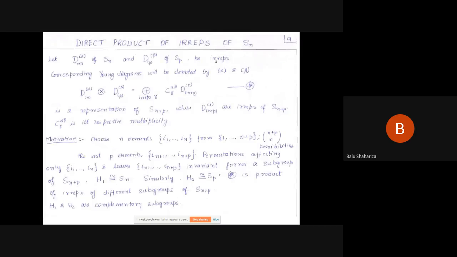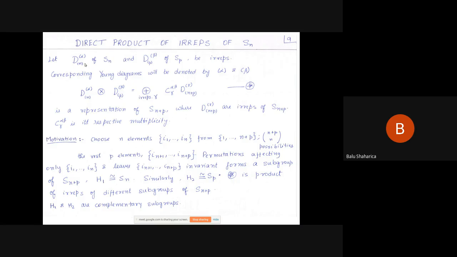Okay. So now we see the direct product of irreps of Sn. We'll start with an irrep in Sn and an irrep in Sp. This n and p need not be equal.